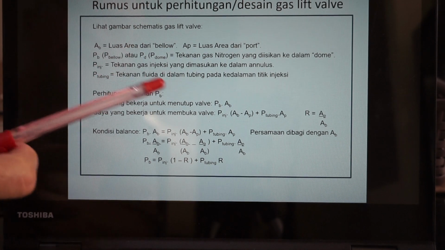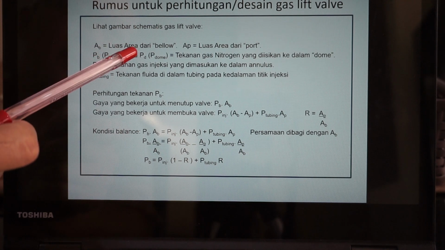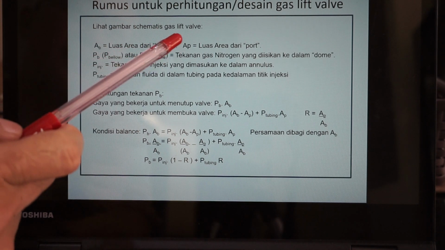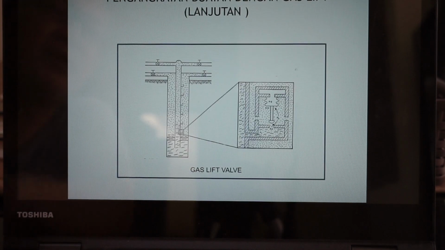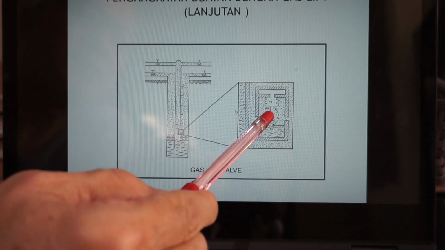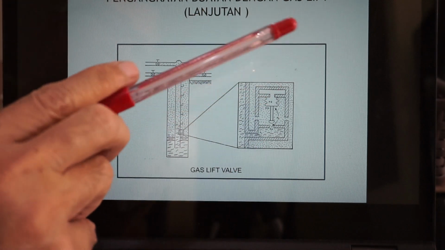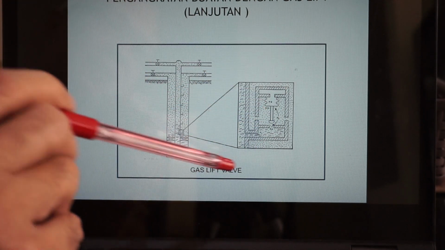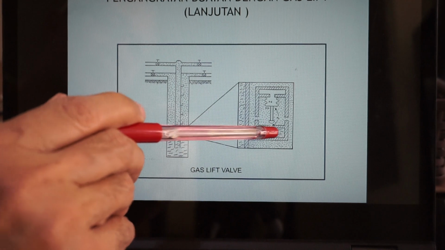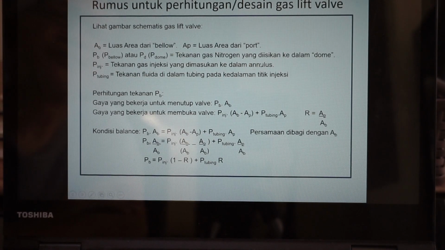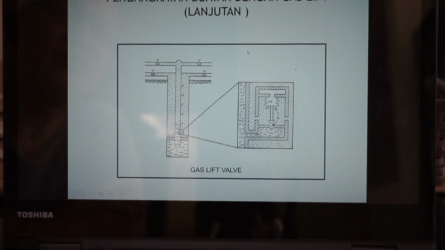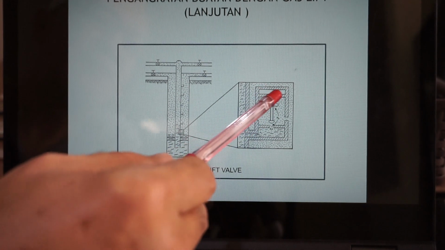AB is the bellow area, AP is the port area. The bellow is the half-spherical one, and the port is this gap. We fill the dome with nitrogen. This is called a dome.